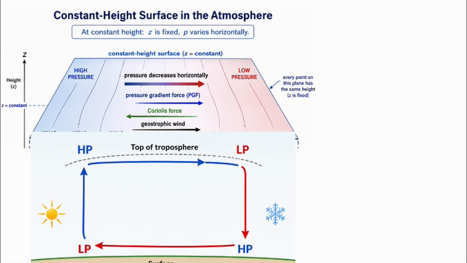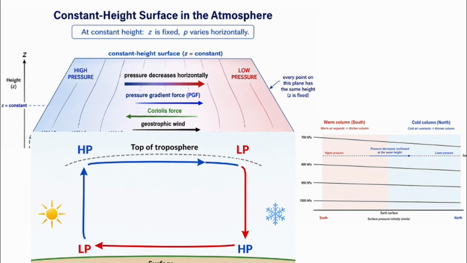Because warm air expands, the warm southern atmospheric column is thicker than the cold northern column. If surface pressures are initially similar, then at sufficiently high altitude the pressure tends to be higher over the warm southern column and lower over the colder northern column.